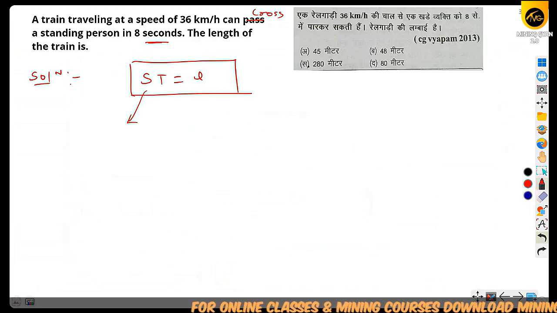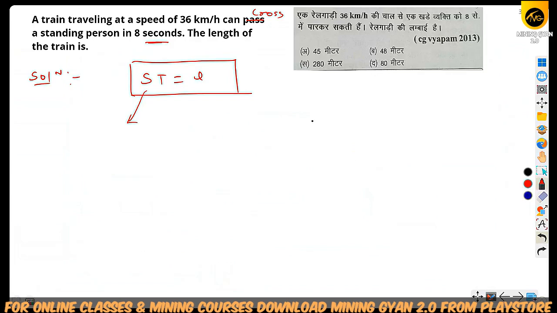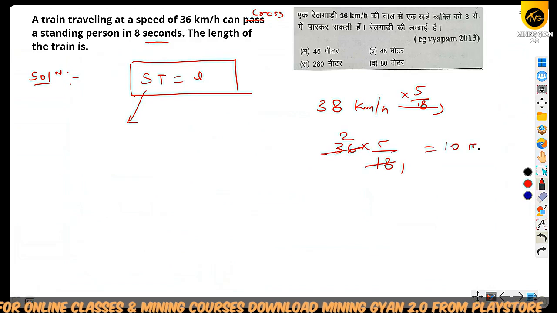The options are available in meters, so just convert kilometer per hour into meter per second. 36 kilometer per hour, multiply by 5 divided by 18, and it will be converted into meter per second. So 36 into 5 divided by 18. 18 twos are 36, so it will be 10 meter per second.